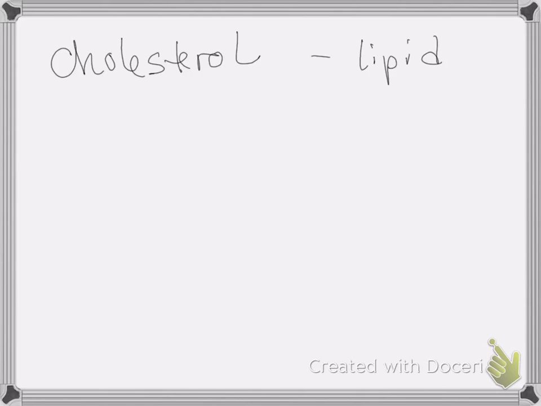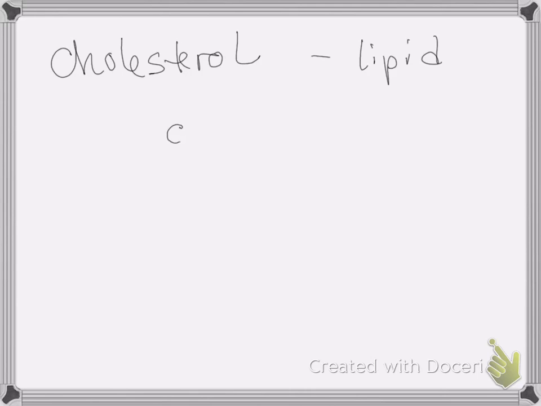Okay, just as an application of that, I want to talk briefly about cholesterol as another category of lipids. Because it's a lipid, what do you know about its chemistry so far? It's mostly made of carbon and hydrogen, right? Has maybe one little polar bond, and that's it.